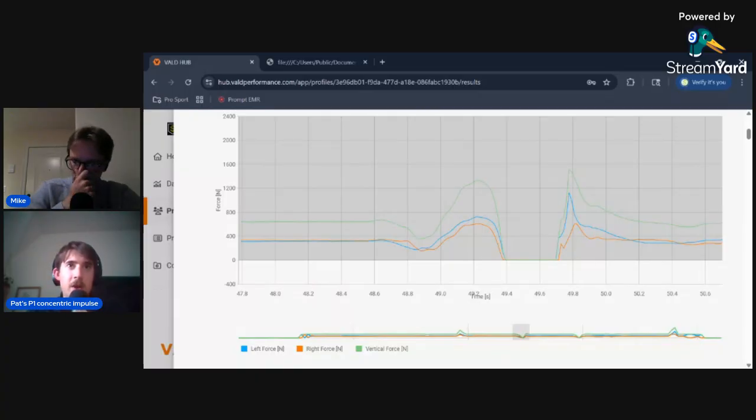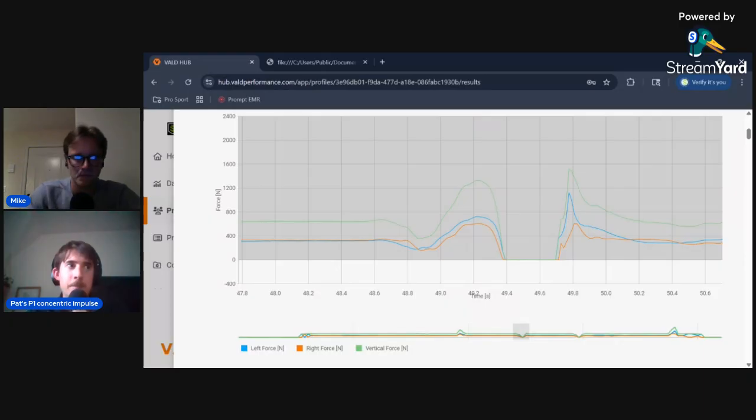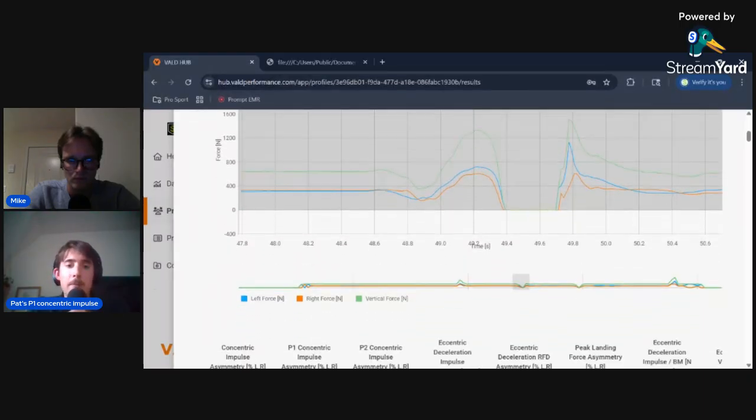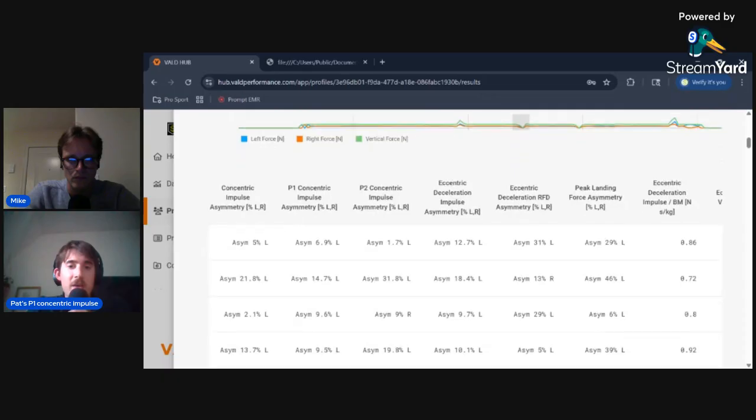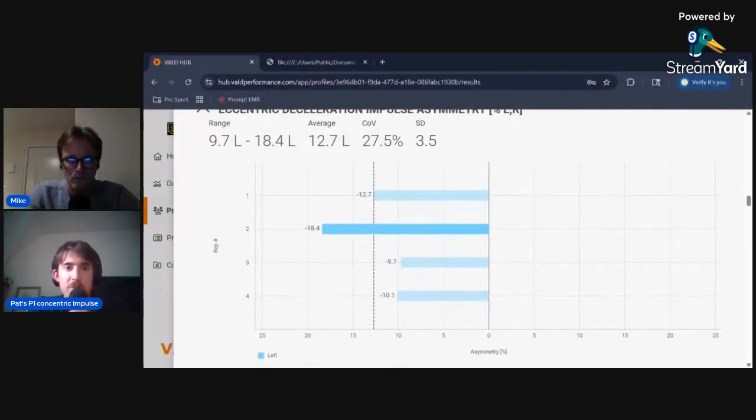I would compare this to a poor setup for an isometric test. If that joint angle is changing with every single rep, are you really gaining any insight into what you're testing? I would argue no. What that looks like in jump testing is the counter movement depth.